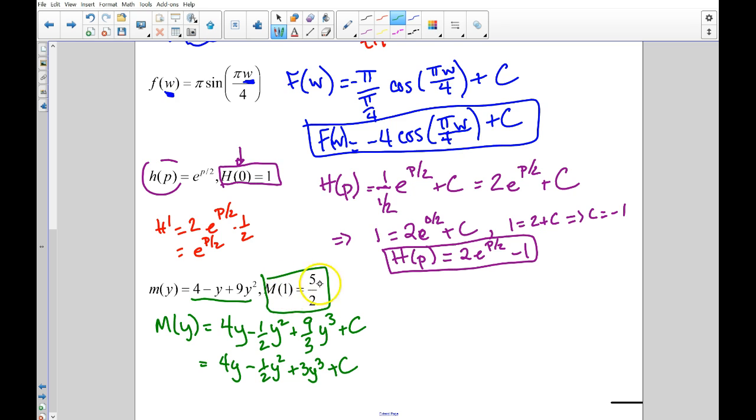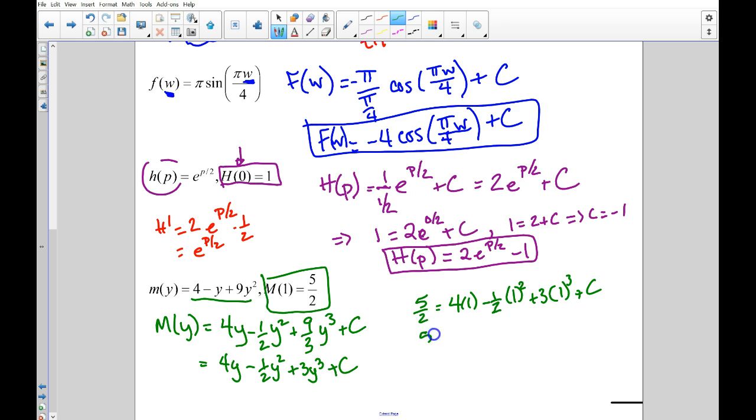Now I use my initial condition, so plug in 1 for y, and m is 5/2. So 5/2 is equal to 4 times 1 minus 1/2 times 1 squared plus 3 times 1 cubed plus c.